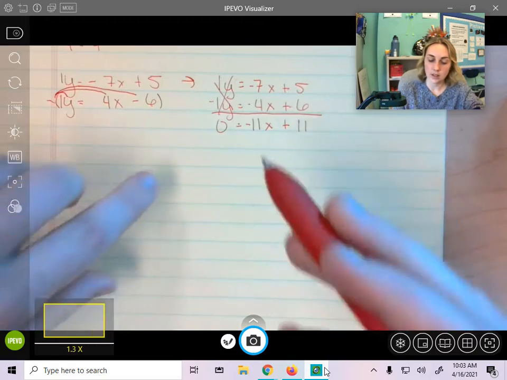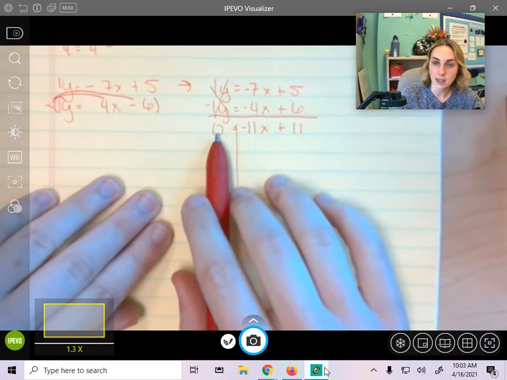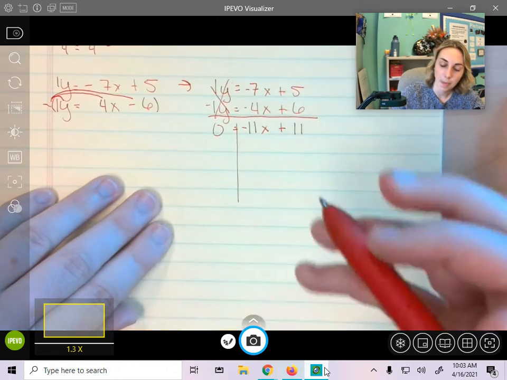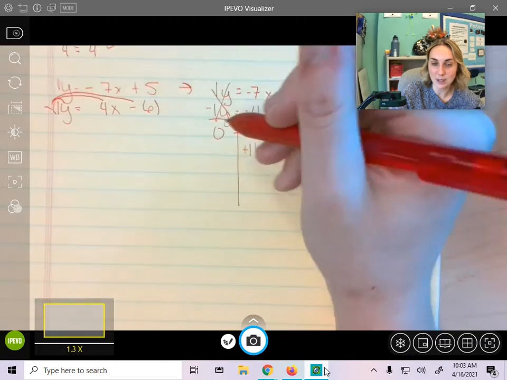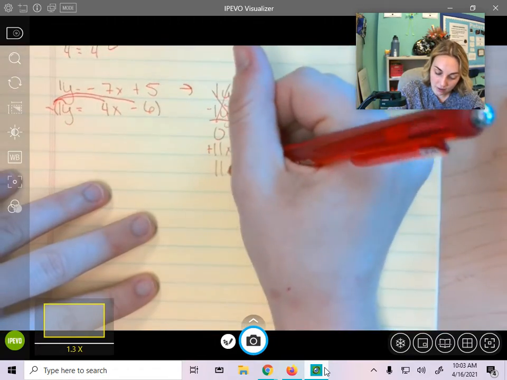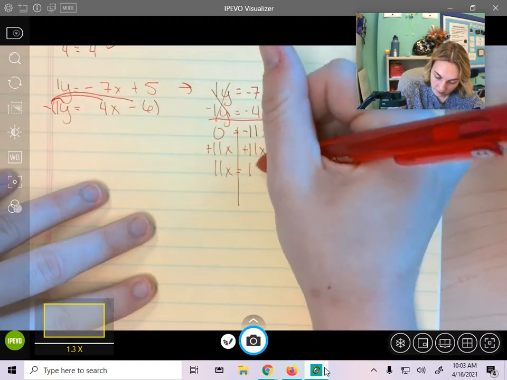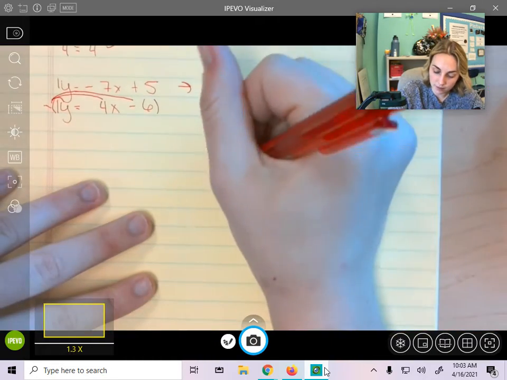Okay? So now that I've done that, I want to move my variable to this side so I can solve for x. So I'm going to do the opposite of a -11, which is a +11. I'm going to do that on both sides. So now I can solve for x once I move that around.